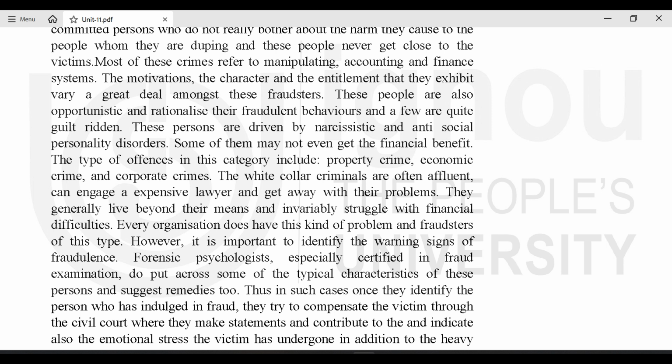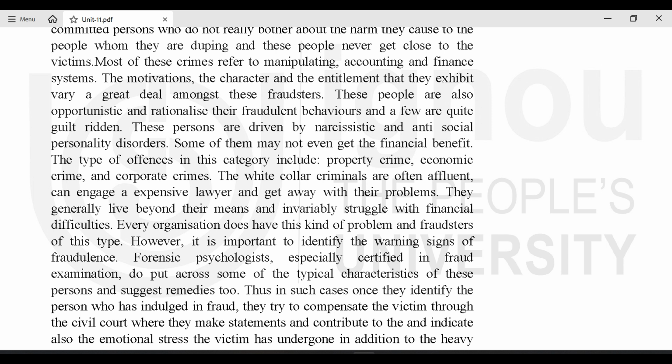Most of these crimes refer to manipulating accounting and finance systems. The motivations, the character and the entitlement that they exhibit vary a great deal amongst these fraudsters. These people are also opportunistic and rationalize their fraudulent behaviors, and a few are quite guilt-ridden.